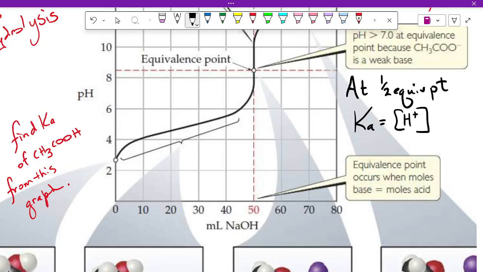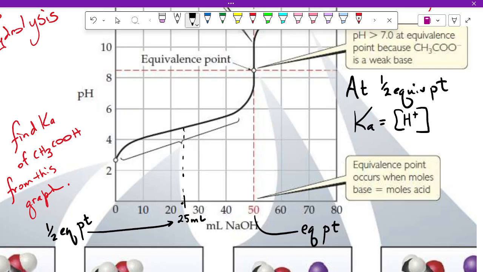At what volume would we have our half equivalence point here? 50 mils is our equivalence point. Where's our half equivalence point? 25. And we go up there and say, there's our half equivalence point.